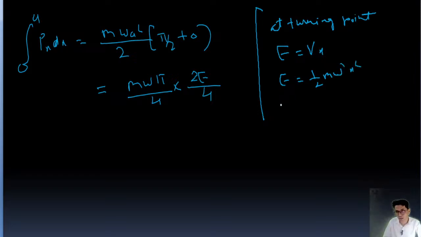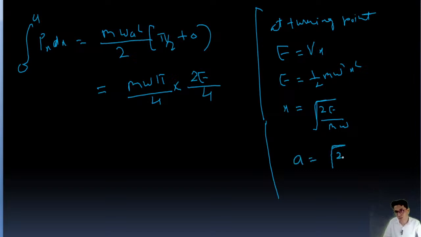From here the value of x is root of 2E upon m omega square, and that is the value of a. So a square is 2E upon m omega square.